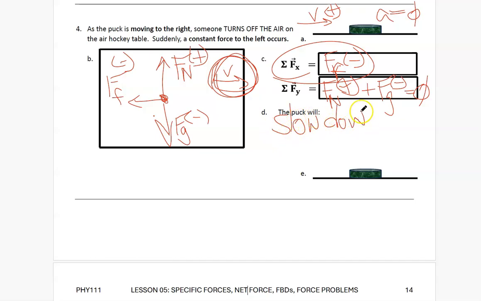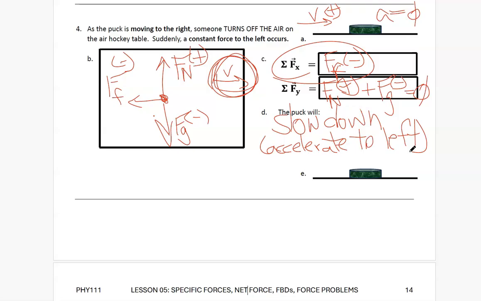And another way to say that is it will accelerate to the left. In everyday English, we would say it's decelerating because it's going from some positive velocity to the right, eventually to 0. It's not going to go to a negative value. It'll stop moving. When it stops moving, it will stop accelerating to the left.